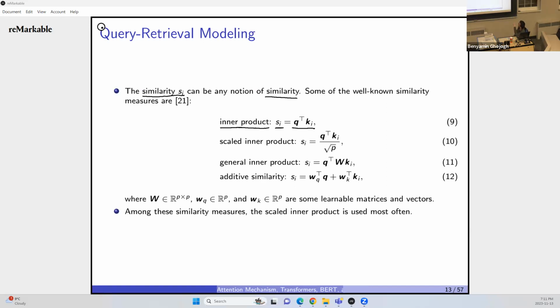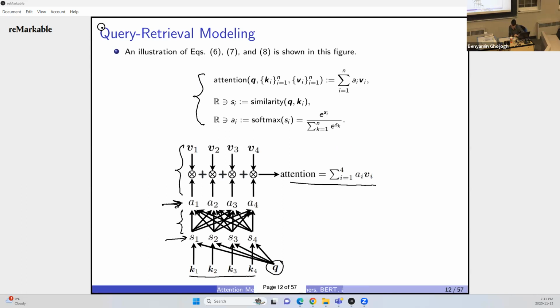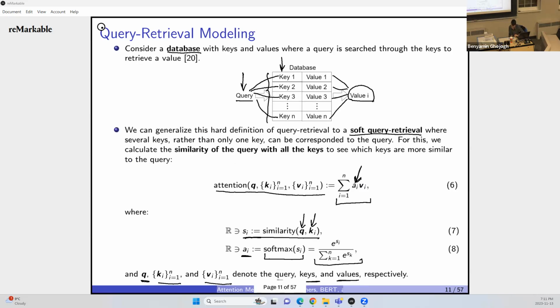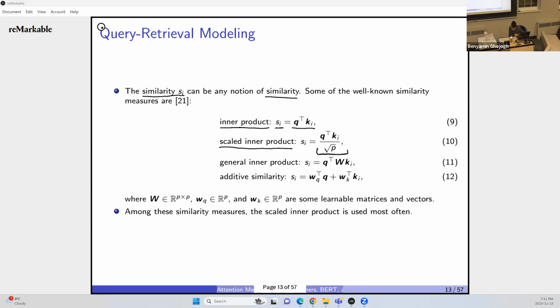We can also scale it, the scaled inner product, where we say Q transpose K_i divided by the square root of P. And what is P? P is the dimensionality of the query and key, because they have the same dimensionality.